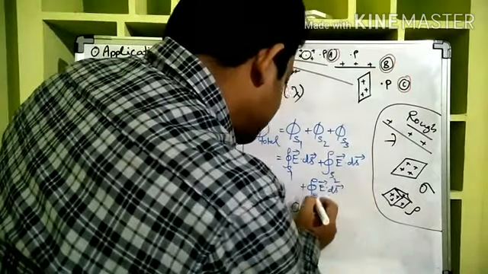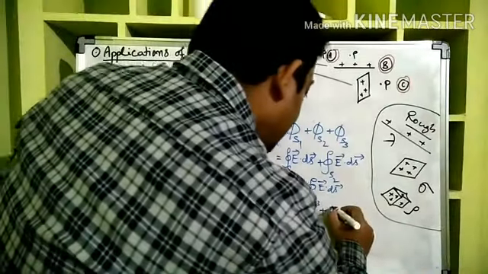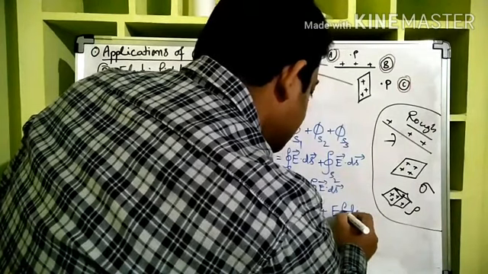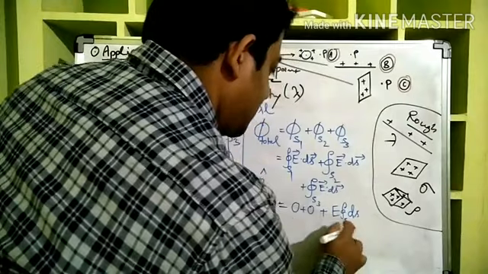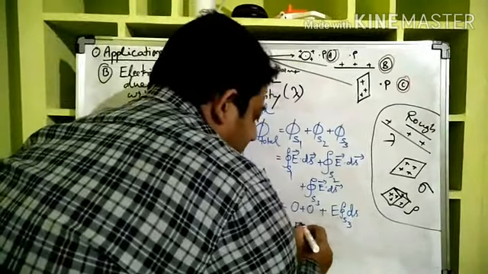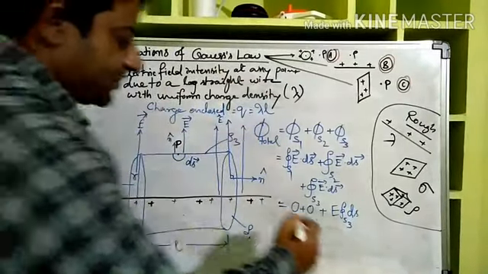So about S3, we'll say the integration of E dot ds over S3 is equal to E times the area of S3. What is the area of S3?